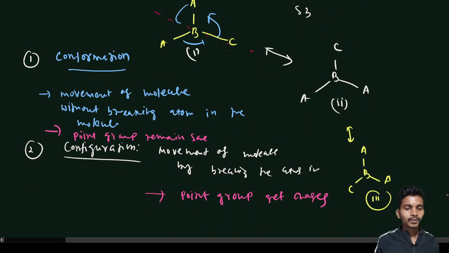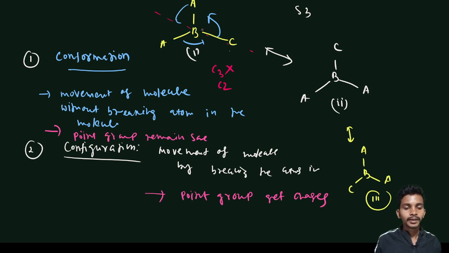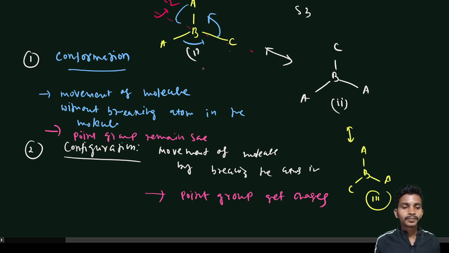Now I replace one atom. After replacement, C3 is not present, and now C2 is present, and 2 sigma v is present. Is sigma h present? No, sigma h is not present. So this point group is C2v. This also should be C2v, and this also should be C2v, because we did conformations.